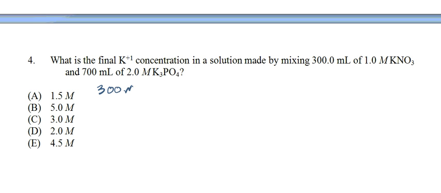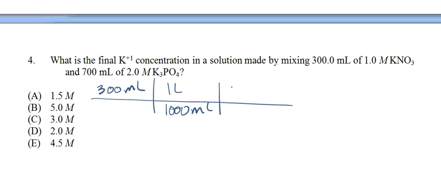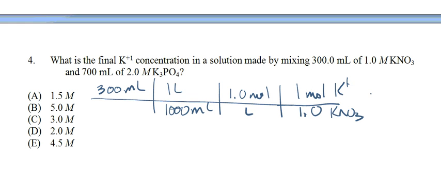We have 300 milliliters, and our molarity is 1 molar. And for every 1 mole of potassium nitrate, we get 1 mole of K.